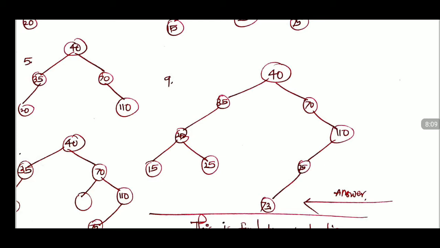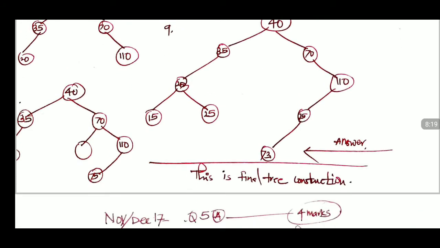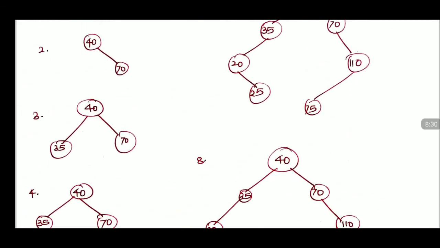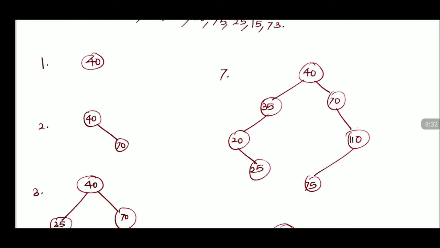Then we'll go to the 110. Then 75 is less than 110, so in the left part of 110 we made an entry for 75. Now next element is 25.